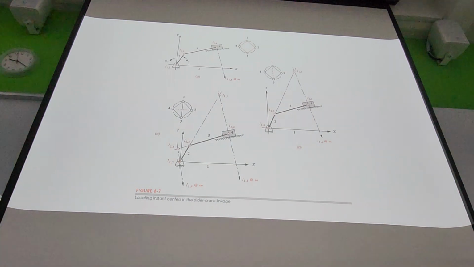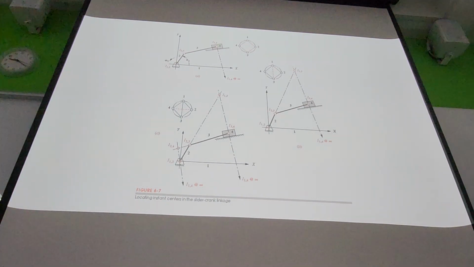Whenever we have 2 points which move along a straight path, the instantaneous center will be at infinity. Many times when a slider is moving along the ground, the instantaneous center is perpendicular.